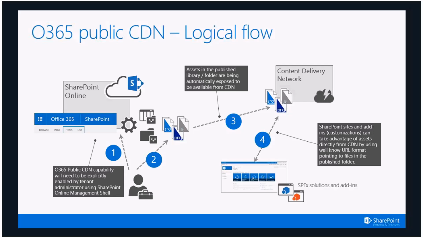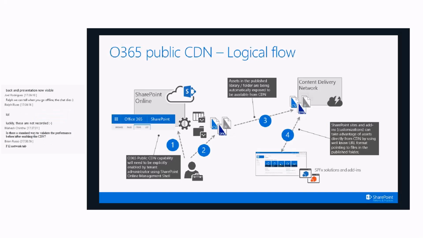The key point to notice on this one, however, is that it's not your content. Your content is not exposed anonymously. It's just static assets. So your JavaScript typically doesn't have any secrets or keys or passwords or anything like that, because that would be just absolutely foolish.